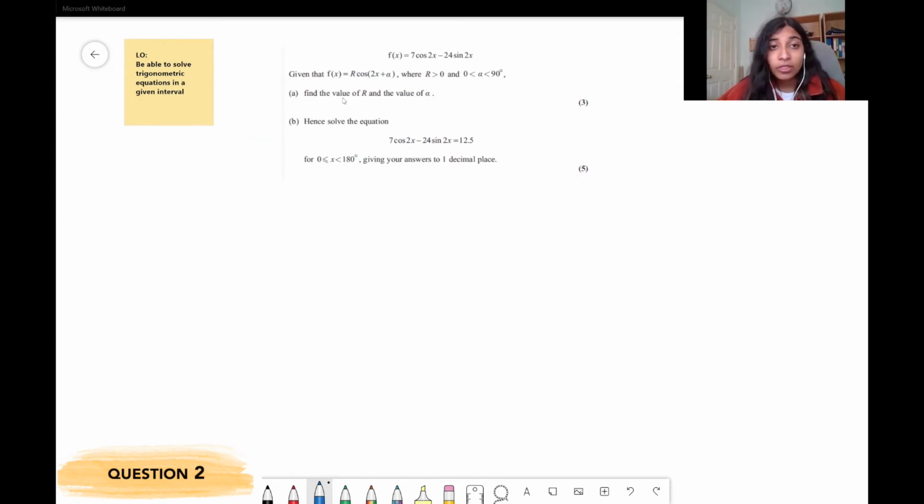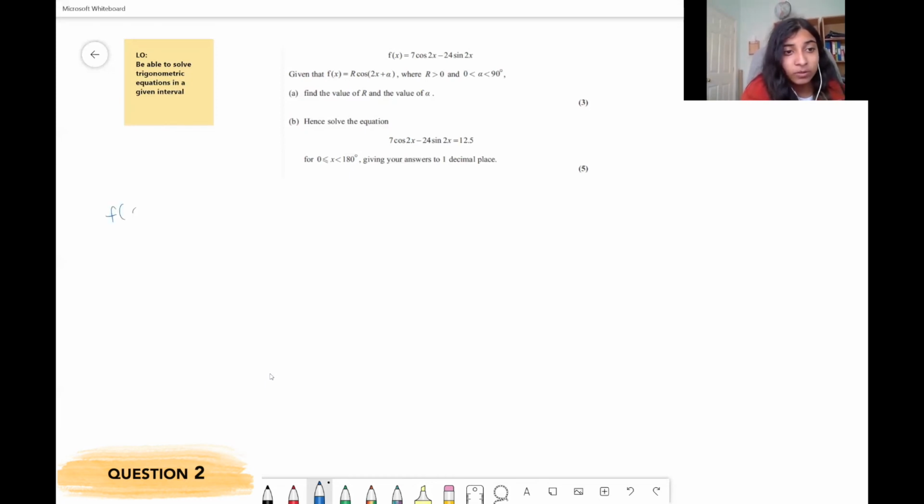So if you remember from what we were doing on the R addition formulae, the first thing you want to do is expand your R cos(2x + alpha). So if we expand that, f(x) is equal to R cos(2x + alpha).